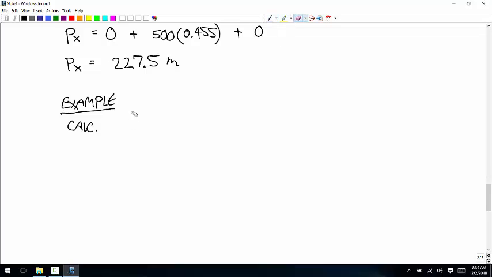So we're going to calculate the same two things. First, the time to hit the ground. And second, the horizontal distance.